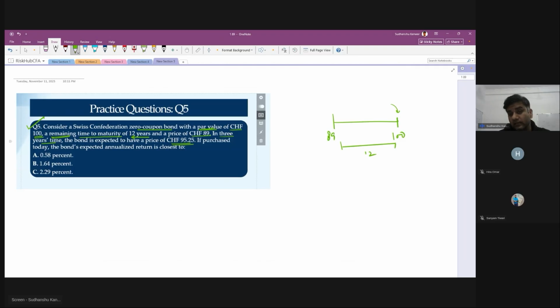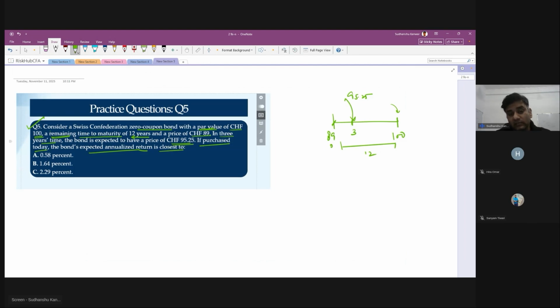In 3 years' time means from here till here, the third year. If I count it from 0 to the third year, the price expected here is 95.25. If purchased today, the bond's expected annualized return is closest to.